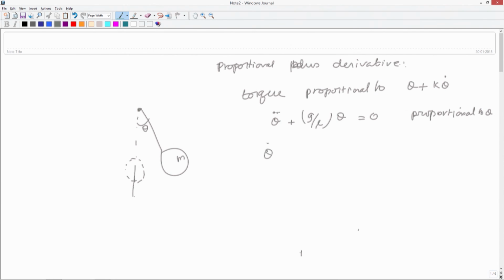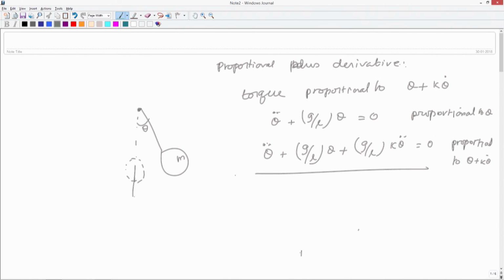So, the same equation we can write as theta double dot plus g by L theta plus g by L k times theta dot equal to 0, in case of the torque proportional to theta plus k times theta dot.